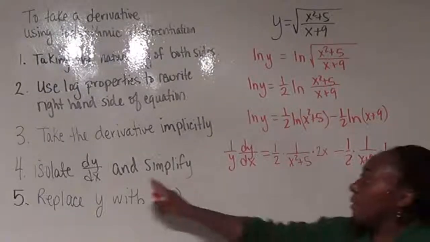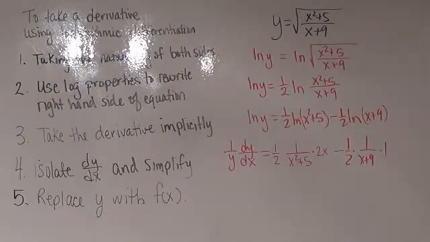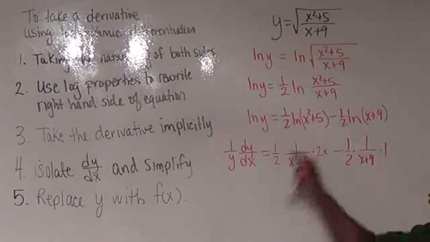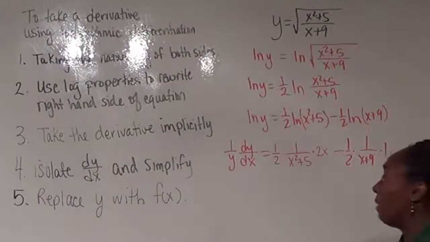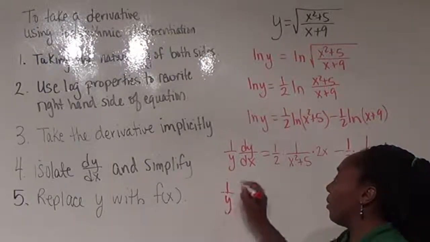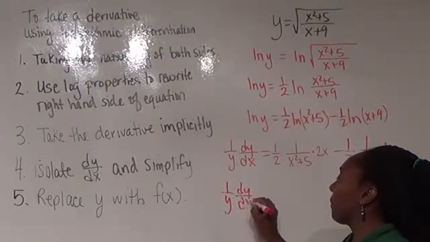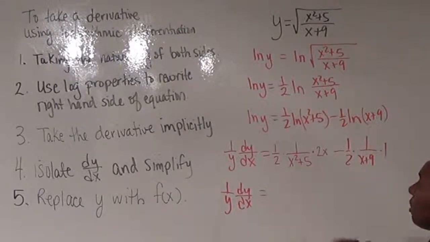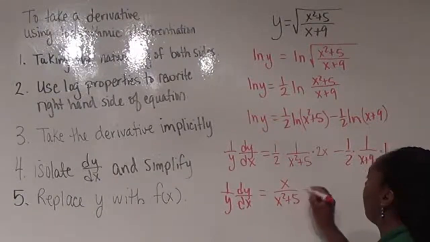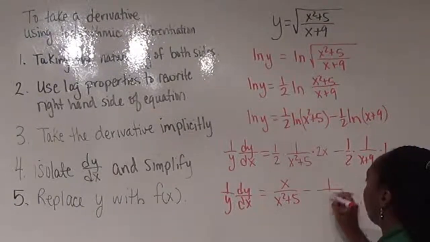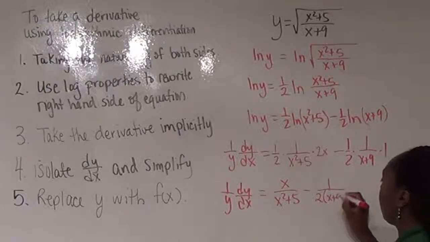Okay. Again, we want to isolate dy/dx and simplify. For these, simplifying just means I'm going to combine this stuff down as much as I can. So 1 over y dy/dx. Notice the 2's here will cancel out, so I'll have x over x squared plus 5 minus 1 over 2 times x plus 9.